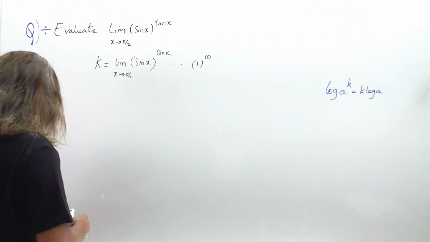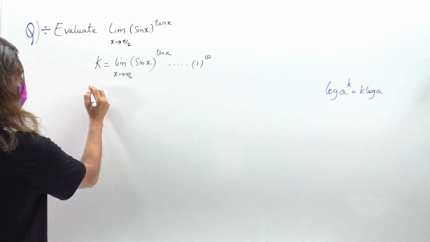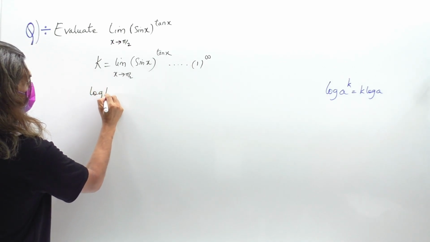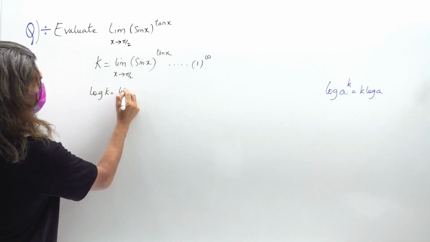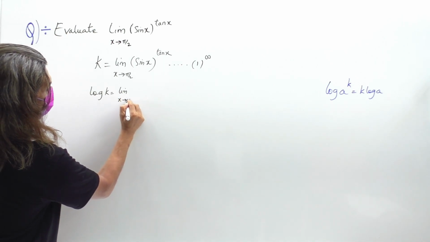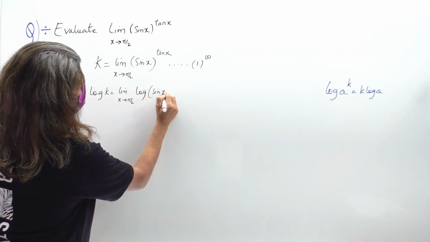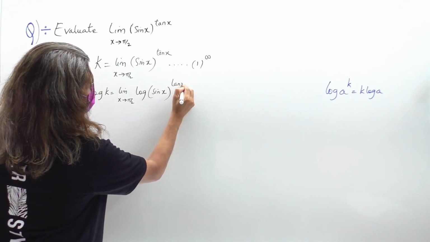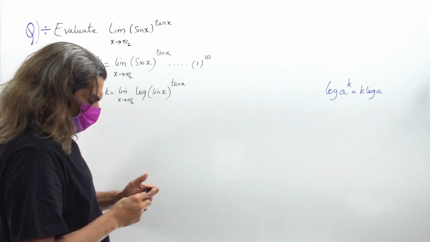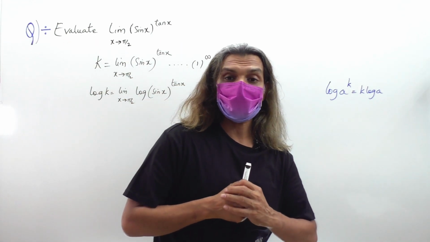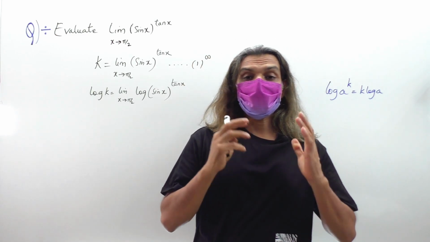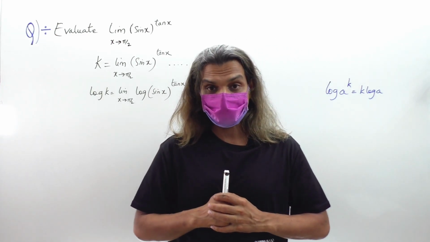So what do I do here first? Apply log on both sides. When you apply log here, log of k is equal to limit as x tending to pi by 2 of log of (sin x) whole raised to tan x. Because to solve the L'Hopital's rule problems, we need a fraction form, numerator over denominator.